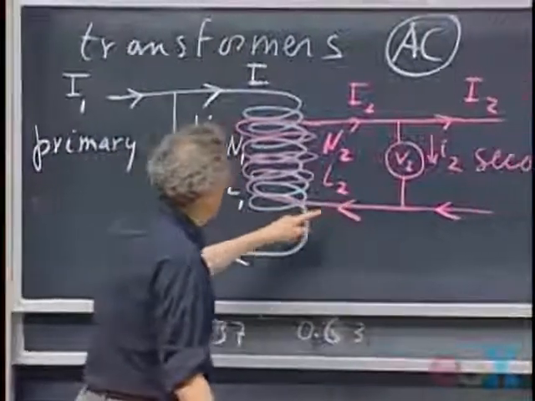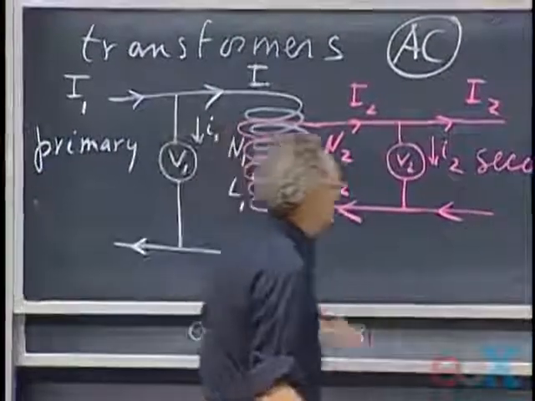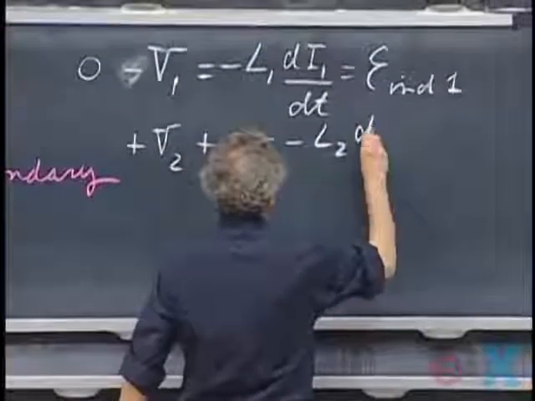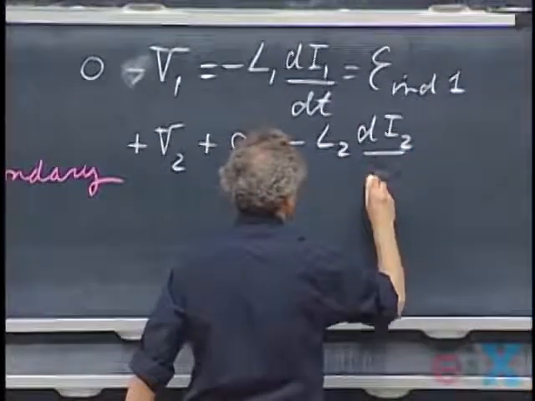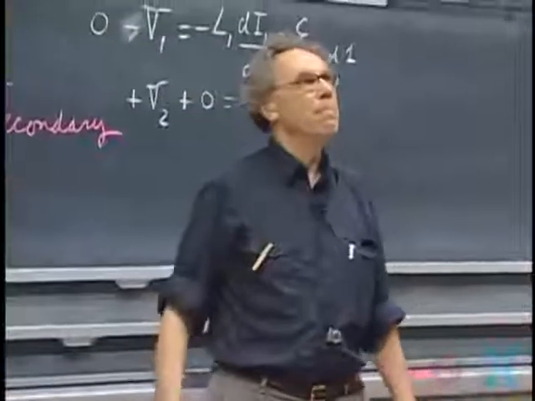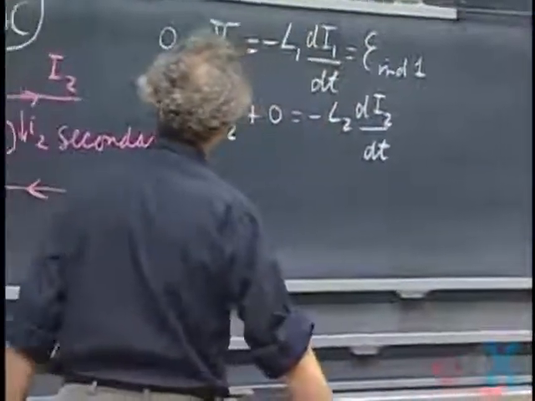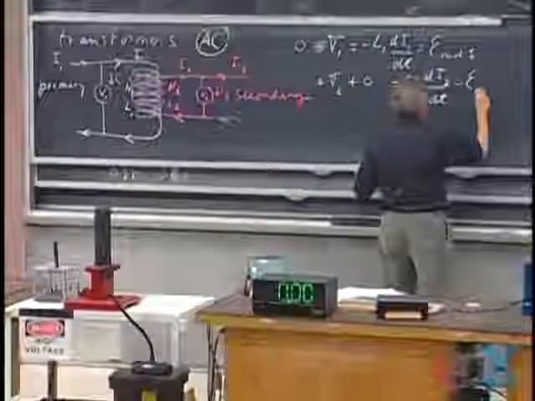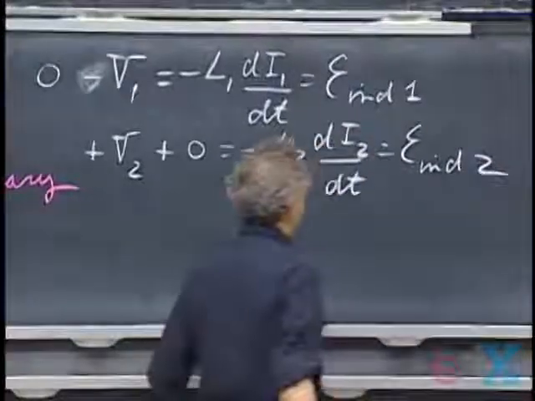And that now, since I went in the direction of the current, is minus L2 di2 dt. And again, I bury the M contribution. And this now equals the EMF induced in the secondary.